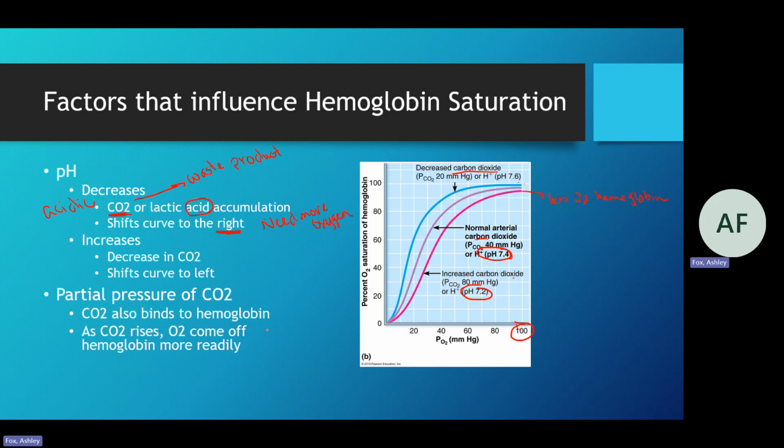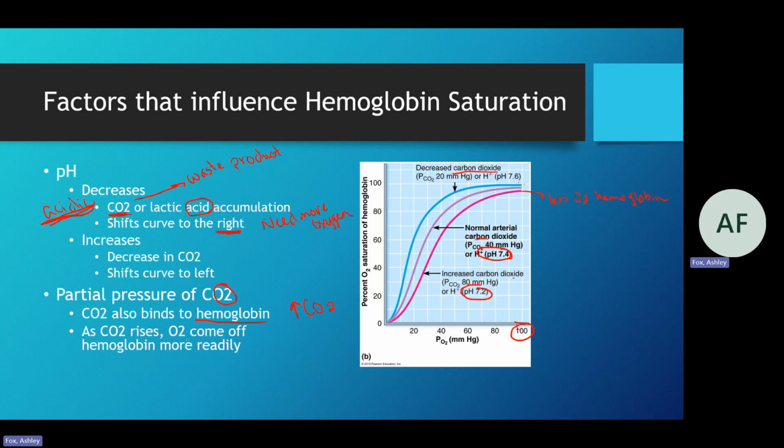If you have carbon dioxide, some of it is actually carried by the hemoglobin, the carbon dioxide combining with the hemoglobin. As carbon dioxide levels rise, it can push oxygen off of the hemoglobin more readily. Again, this is what we want. If you're having higher levels of carbon dioxide, then most likely you're having more acid too.